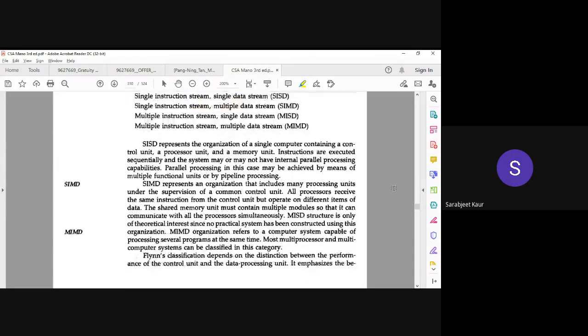SIMD means there is one control unit, but there are multiple ALUs. Suppose I have 100 numbers on which the same computation has to be done.